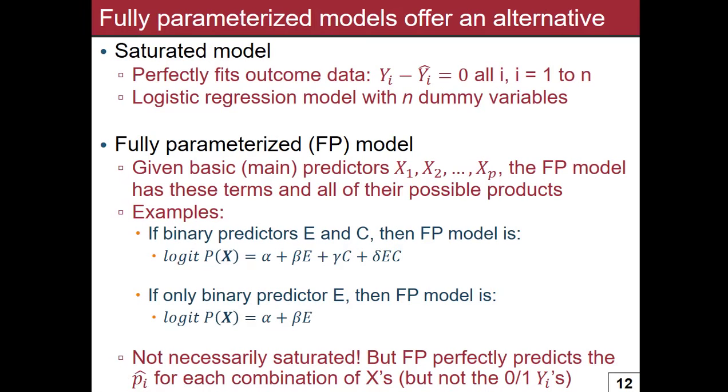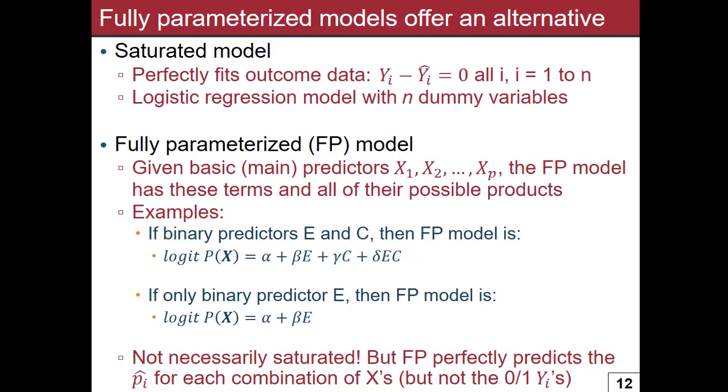So we're going to instead compare our model to something called the fully parameterized model. And the fully parameterized model is essentially the most interaction-filled model you can make out of your covariates. Okay, so let's say you have x1, x2, or exposure 1, c2, whatever you want to call it, using our other notation. So you take all of the things, all the predictors in your model, all the basic ingredients, the main predictors, all the covariates, and you make all possible product terms.